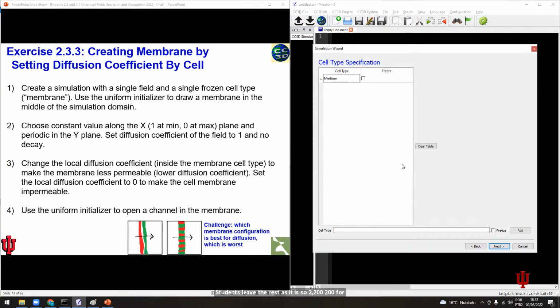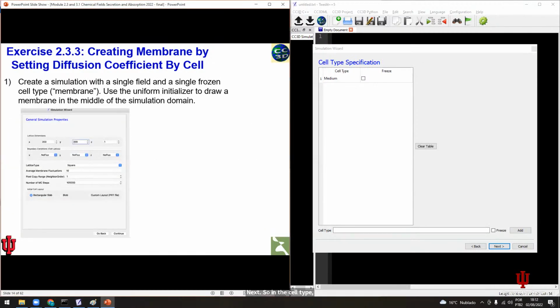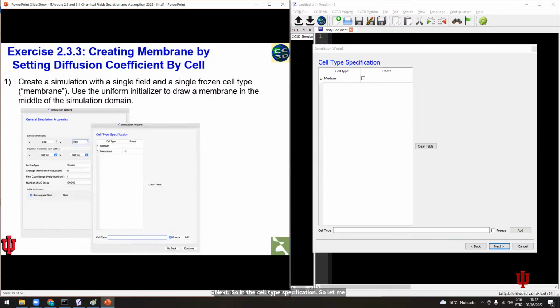Next. So in the cell type specification, let me catch the slides here. In the cell type specification, add a cell type membrane and check freeze. Okay, we want it to be a frozen cell, and add the cell. So your cell type specification should be similar to mine here.